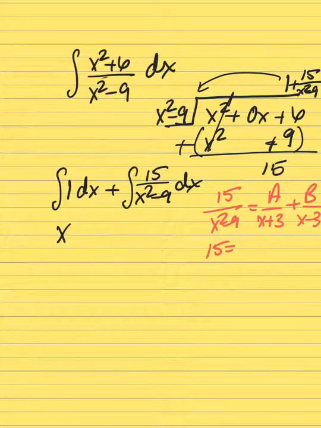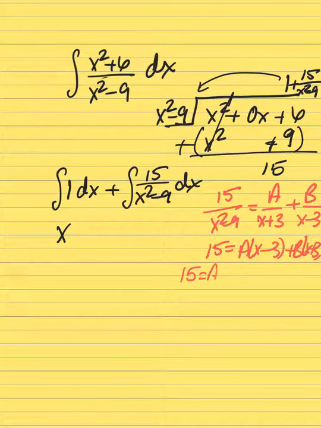So 15 equals a times x minus 3 plus b times x plus 3. Ooh, I squeezed too far in. I'll move over again. So 15 equals, I've got ax minus 3a, plus bx plus 3b.